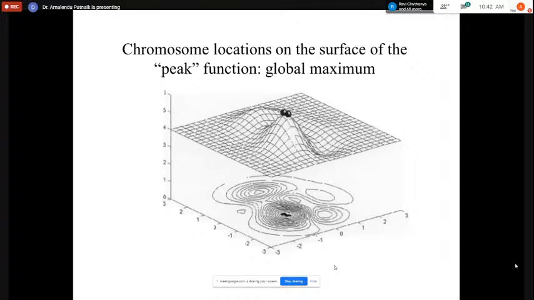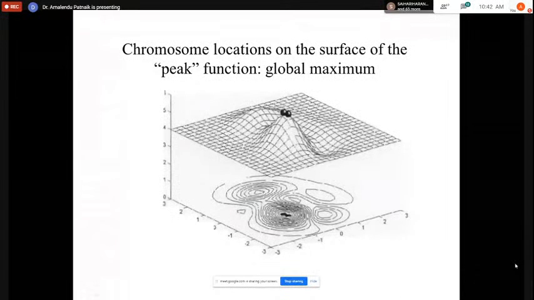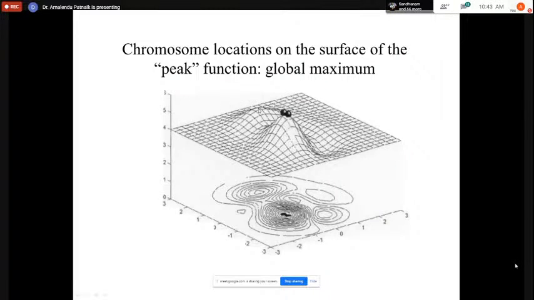As I told you, rarely you may end up on this particular hill. Instead of reaching the actual maxima, you may reach only up to this point. This example is a simple example, but there are situations where you will have n number of maximas and n number of minimas.